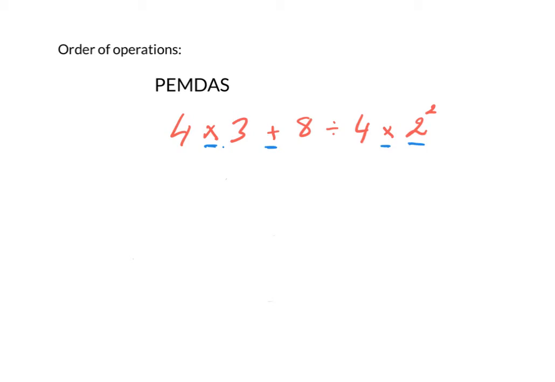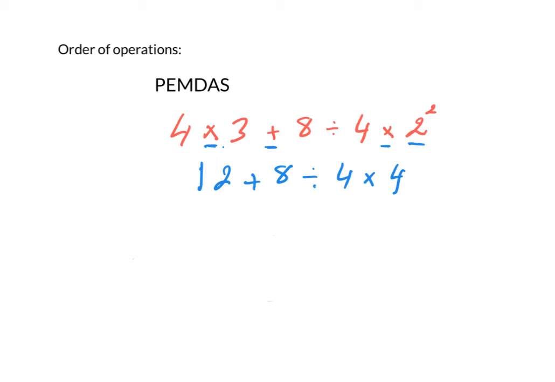From the left, since I have multiplication versus addition, the priority will be for multiplication. So it's going to be 12 plus 8, right? And on the right side I have multiplication and exponent, so the priority will be given to exponent. So it's going to be 4 times 4.